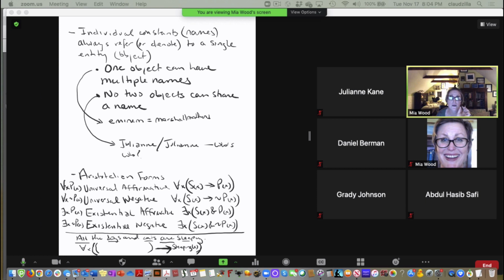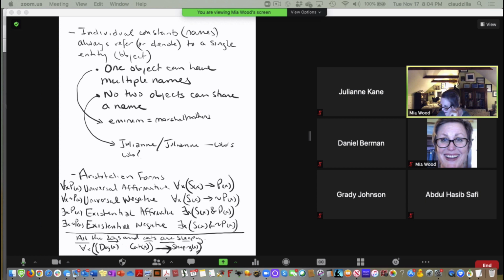jointly the antecedent. But we don't want to just translate, if you will, in a slavish way. In other words, we don't want to be literal here. If we say entity dog and entity cat, then we're saying for everything, if it's a dog and a cat, no, we don't mean that.